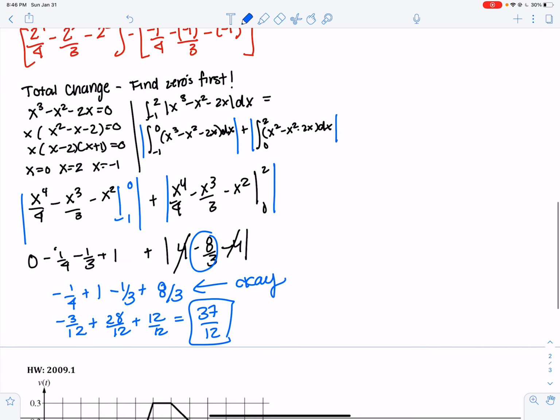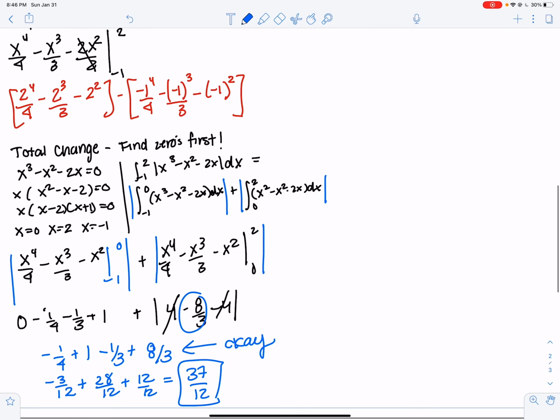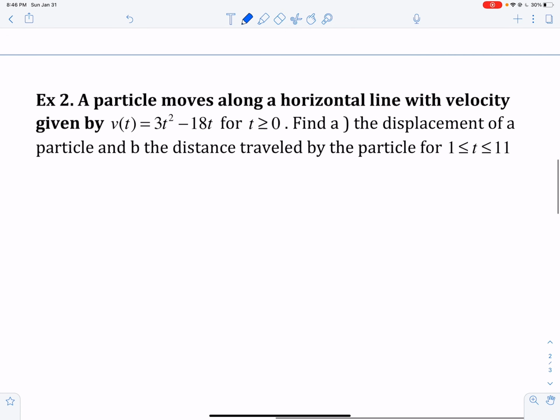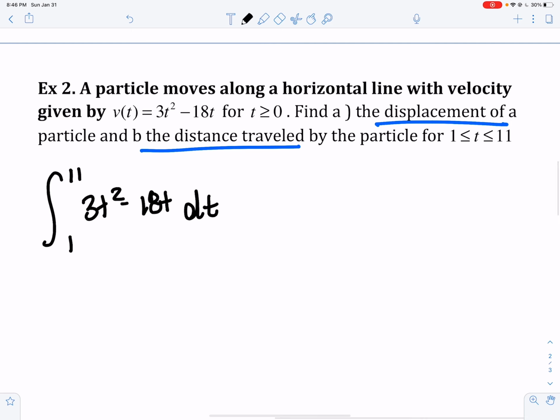Okay. All right, let's do a velocity one. Okay, so you're given velocity and you're asked for displacement and the total distance traveled. So displacement, you just take the integral from 1 to 11 of 3t squared minus 18t dt with respect to time here.